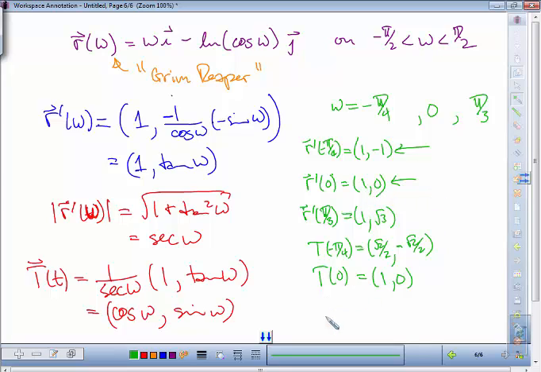And then if you try putting pi over 3, cosine of pi over 3 is 1/2, and then sine is root 3 over 2.